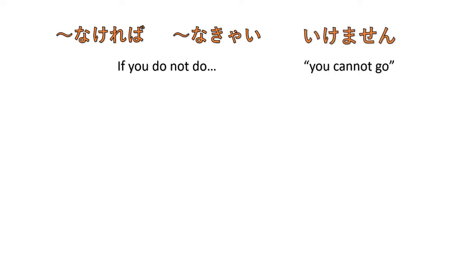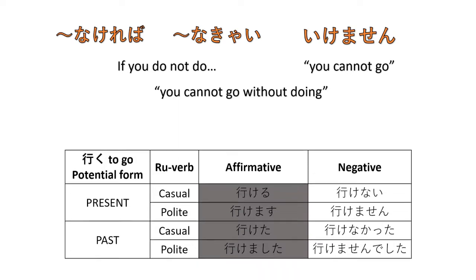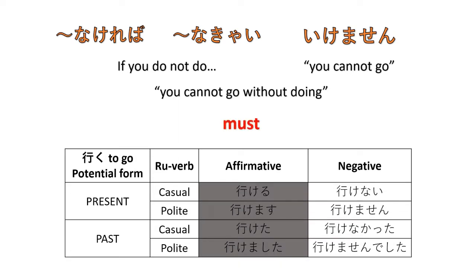Alright. Now the origin of nakereba ikemasen is this. Nakereba or nakya means if you do not do. And then ikemasen is you cannot go. So this double negative results in a mandate. You cannot go without doing means must in Japanese.